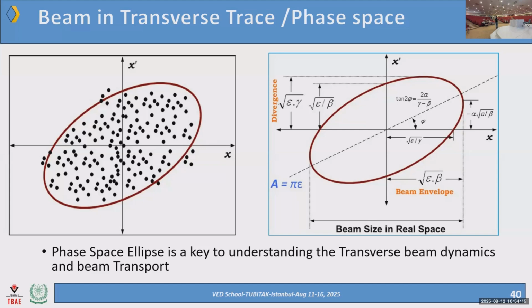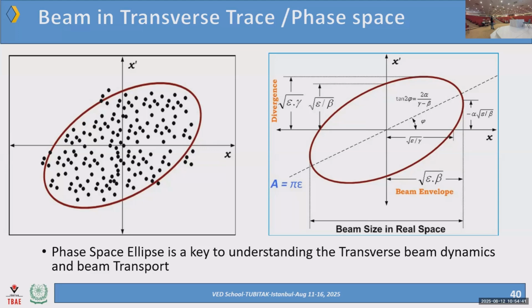This is the trace space which I drew a few moments ago. We have an ideal particle sitting at the center, and all the rest are just distributed in this space. It's not real space, it's a trace space. We can always draw a boundary, which in our case can be represented by an ellipse.